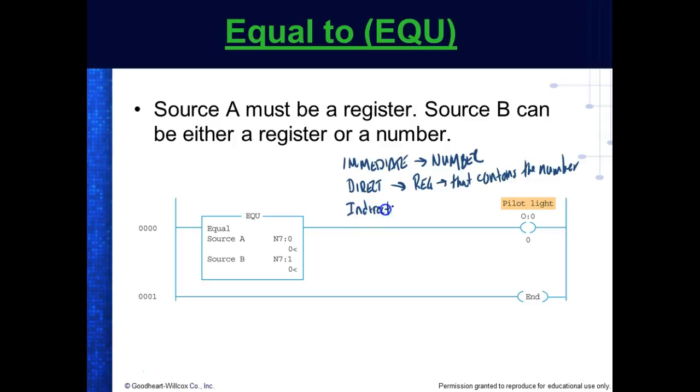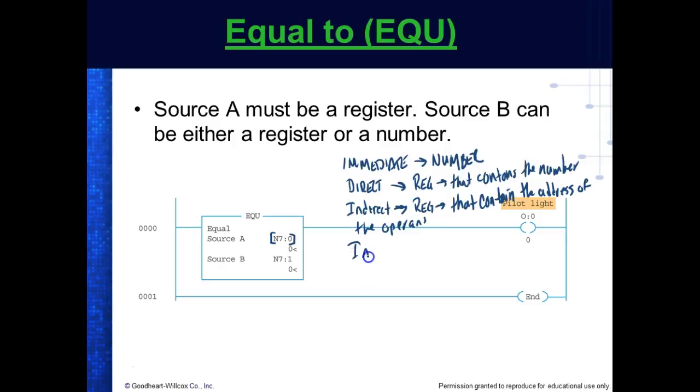Indirect, we specify a register that has the address. I'm running out of room. So to specify this, if it was inside brackets, that would mean that's indirect addressing.